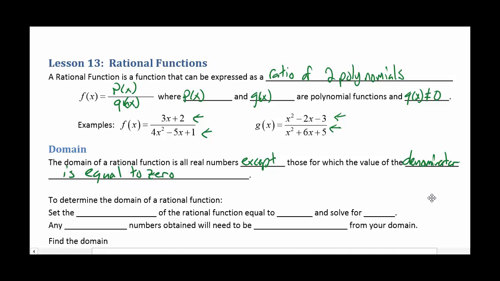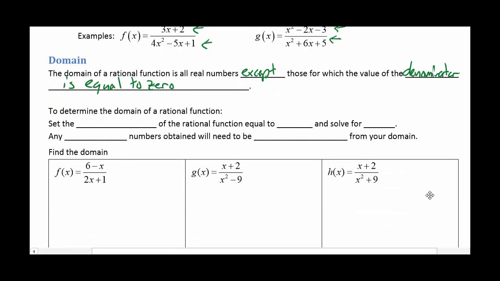So to determine the domain of a rational function, we want to set the denominator equal to 0 and solve for x.